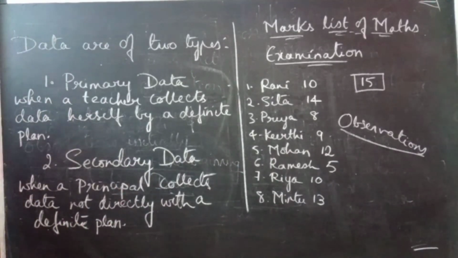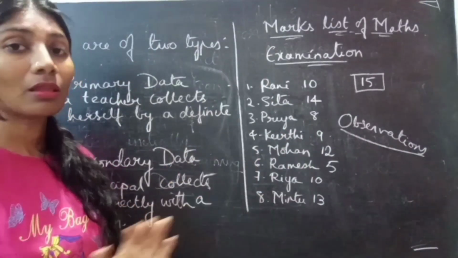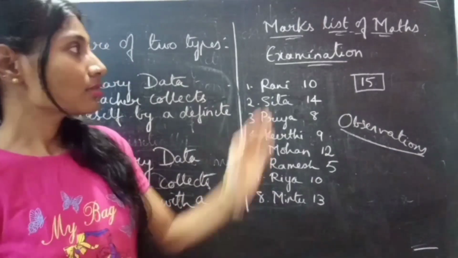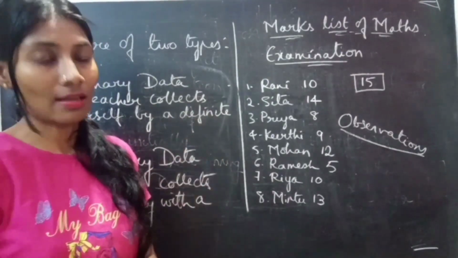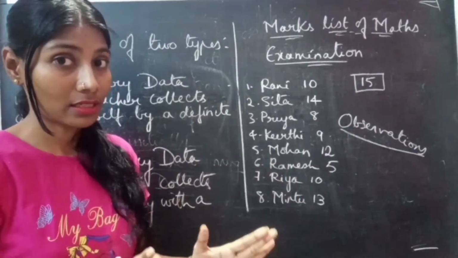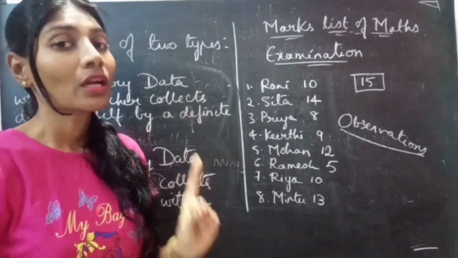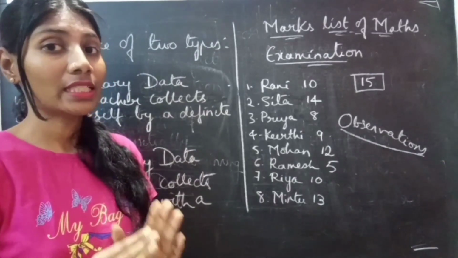Let's see what this is. Coming to primary data, when a teacher collects data herself by a definite plan. If you see the mark list, a teacher conducts an exam and makes a list of marks and keeps it with herself, right? That data is raw data, but it is also the first data collected by a teacher. So that collection is called primary data.